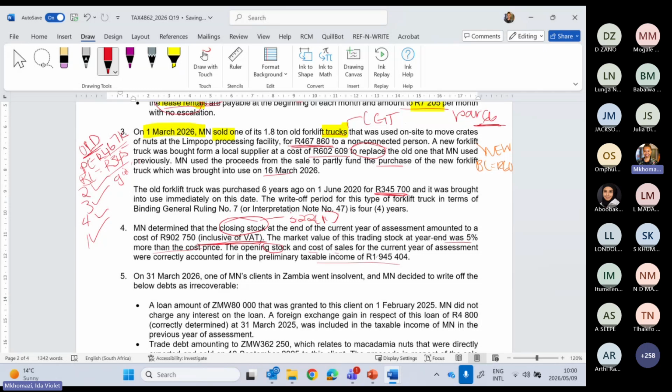Then by default, it means that I will use the cost price of this 900,000. But would you include or add back this 900,000 as it is? And the answer to that is no, because we need to use exclusive amounts. Therefore, you will take that 900,000 and multiply it by 100 over 115 to get the VAT exclusive amount. And that's your answer.